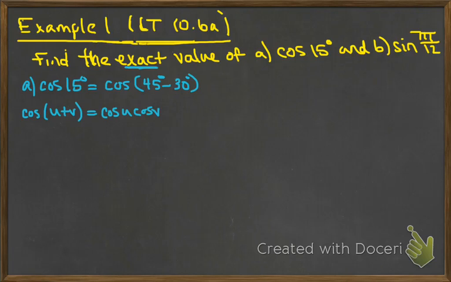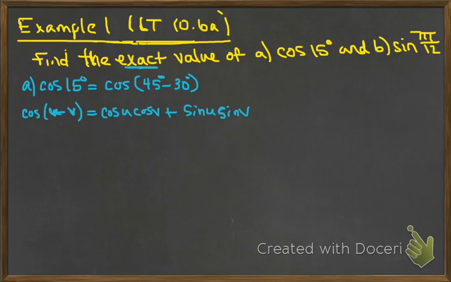Back here it should have been a minus sign because we're subtracting: the cosine of u minus v is equal to the cosine of u, cosine of v, plus the sine of u, sine of v.